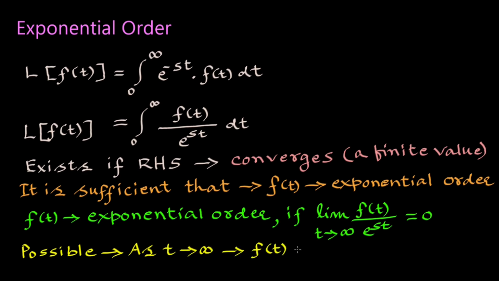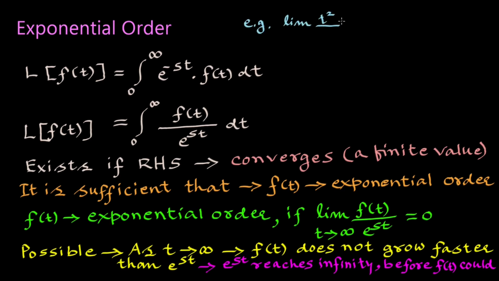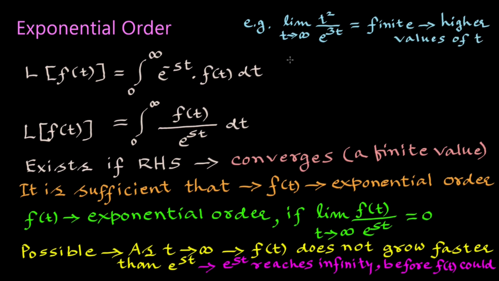f(t) does not grow faster than e raised to st, or in other words, e raised to st reaches infinity before f(t) could. For example, limit t square upon e raised to 3t as t tends to infinity will be finite for higher values of t. Therefore, f(t) equals t square is of exponential order, say s equals 3.